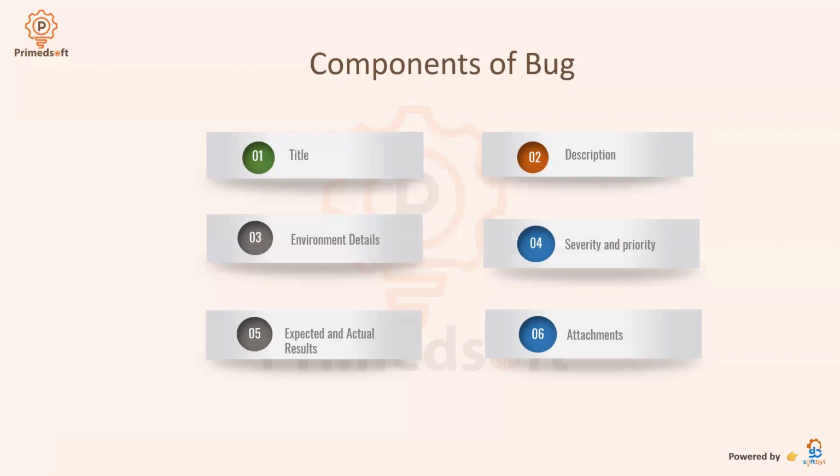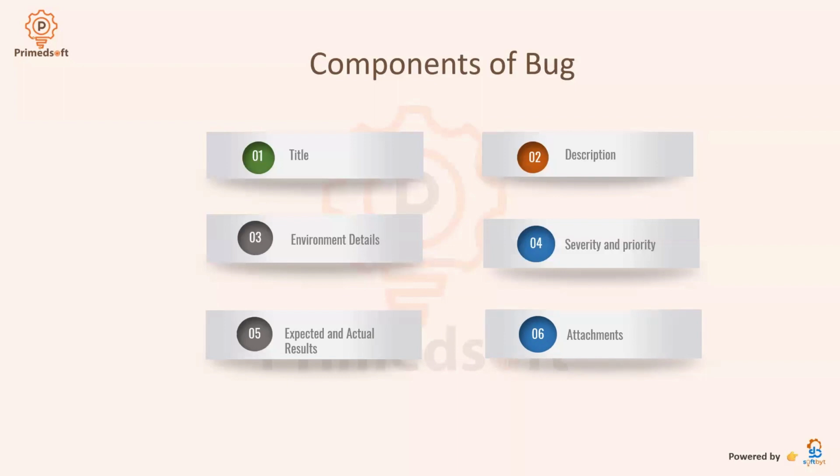So when you are testing an application and you found a bug, you've raised it, you've added the title, the description, the environment details, the severity and priority, and the expected and actual result. The next thing you have to add is a screenshot. You need to include any relevant files, screenshots, or even video that illustrate the bug or its impact. Attachments can significantly aid developers in understanding and addressing the issue.